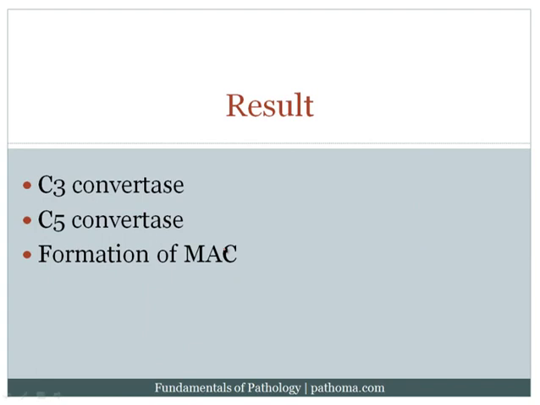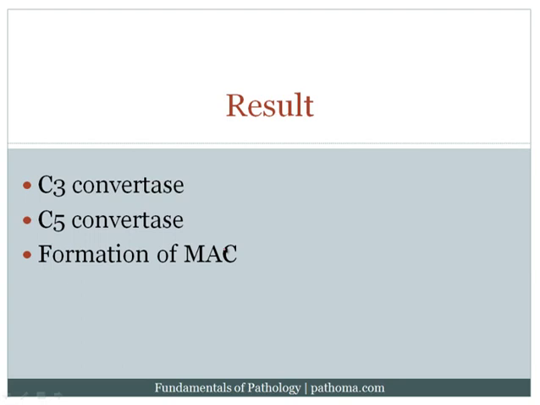The result of activation of complement is a little bit complicated, but can be summarized in just a very few simple principles. All pathways sort of lead to the same result, which is that eventually C3 convertase gets generated. When C3 convertase gets generated, C3 convertase converts C3 to C3a and C3b, and then C3b joins in to help produce C5 convertase, and C5 convertase converts C5 to C5a and C5b.